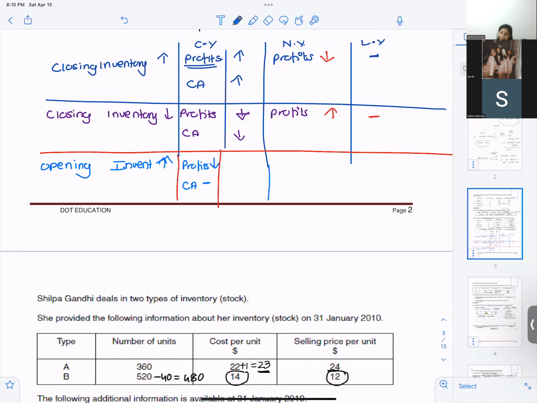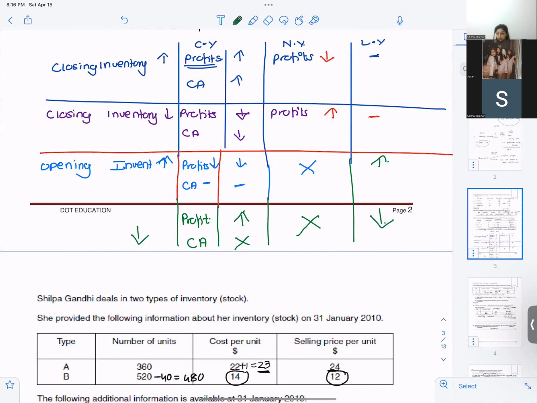Profits of the next year, no effect, and last year, overstated. If opening inventory is understated, then profit will be overstated. Current assets of the current year have no effect. Next year profit no effect. And last year profit will be understated, because of the opposite relation. Okay.